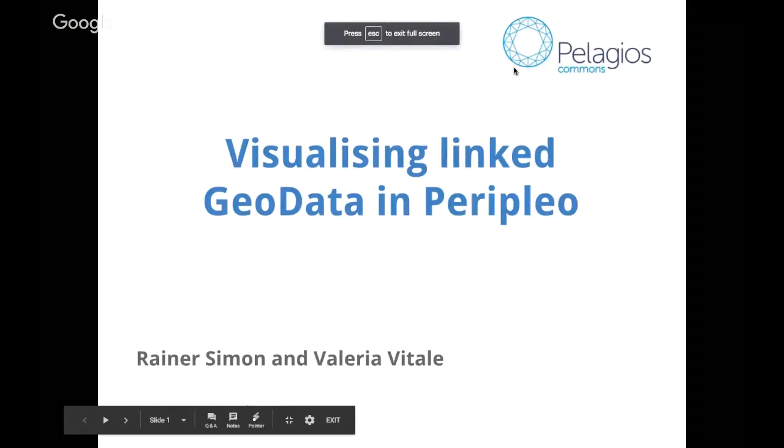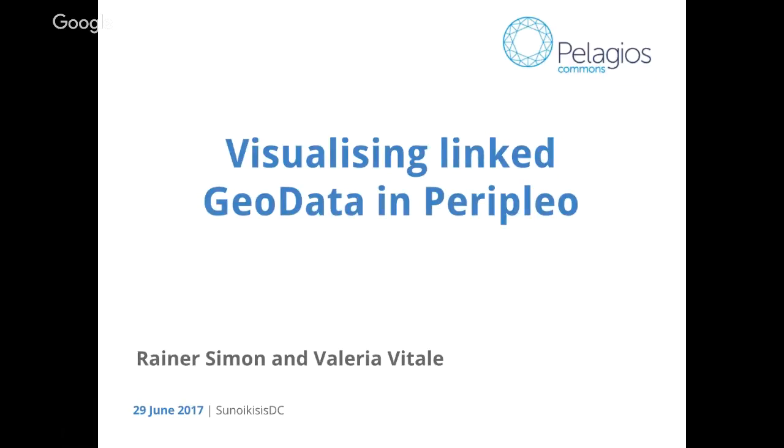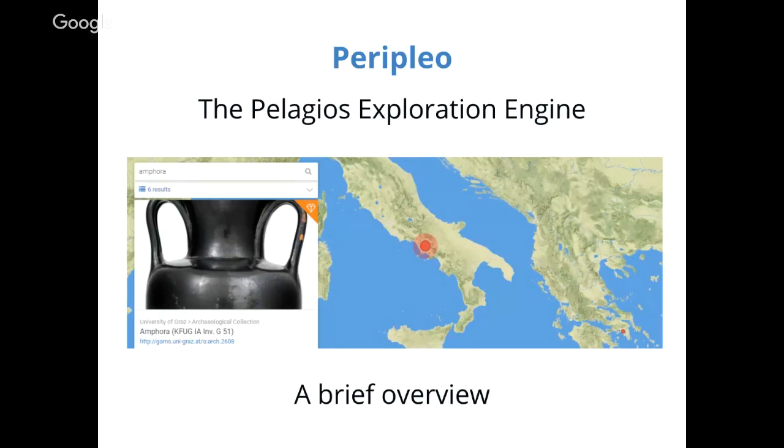And okay, so what I am going to talk about is a particular kind of geodata, which is linked geodata, like the kind of data that are produced when using the annotation tool Recogito.